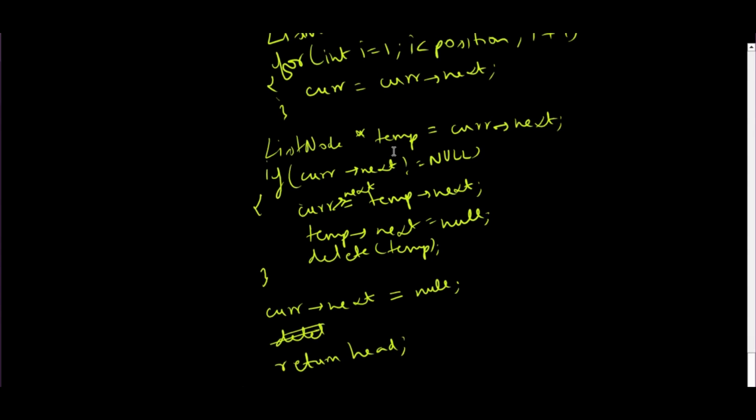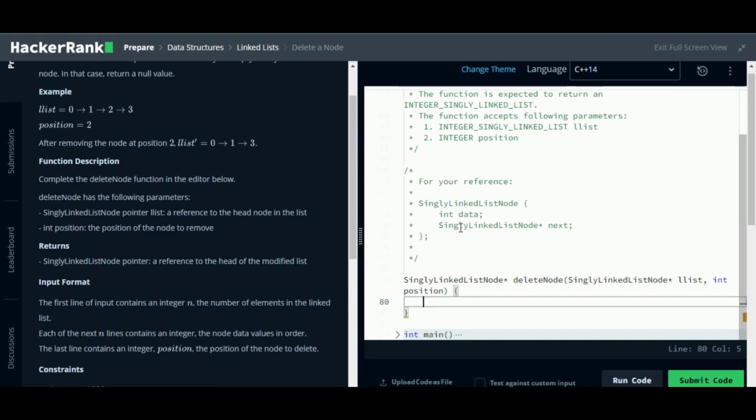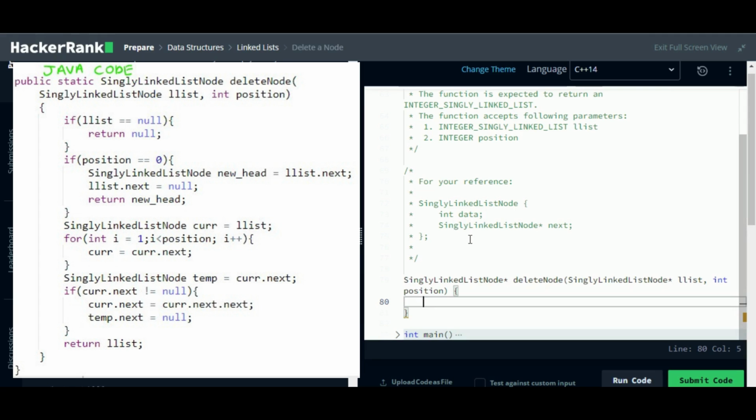So let's see how to code it in our compiler. It will be exactly the same because I have written almost the same code. There is a problem on HackerRank, Delete a Node. In this we are given the head of a linked list and the position, and we need to return the head of the linked list after deleting the node at the given position.